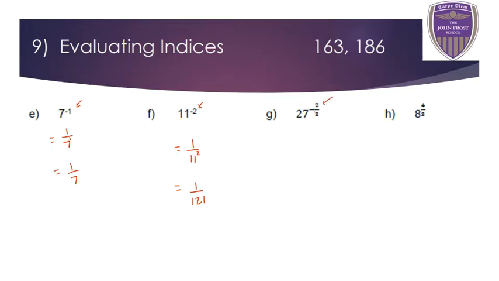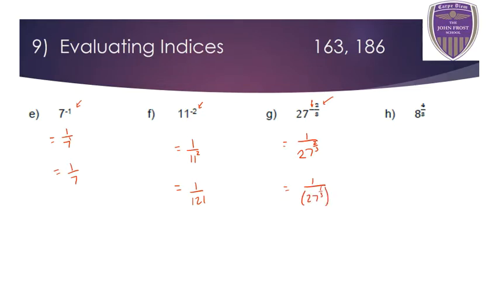27 to the power of minus 2/3. So again, we've got this negative power here. So we need to rewrite this first. So it'll be 1 over 27, and it'll be to the power of 2/3. Now again, we haven't got a unit fraction here with a power. We've got 2/3. So I'm going to rewrite this as 1 over 27, the power of 1/3, and then square.